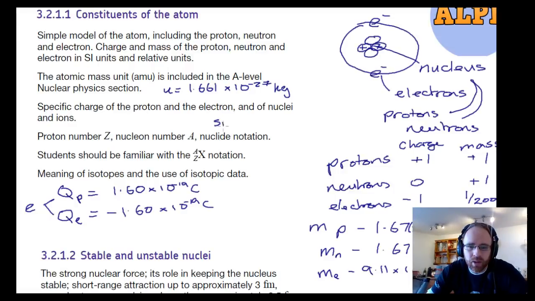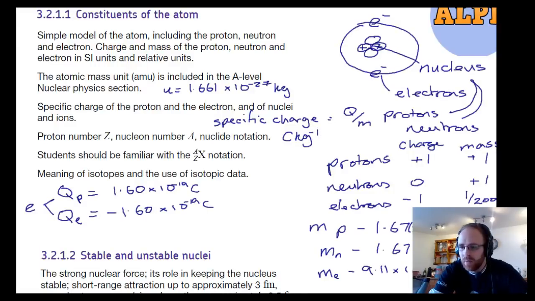So specific charge is charge over mass. The particle with the largest specific charge is the electron, and the units are coulombs per kilogram.